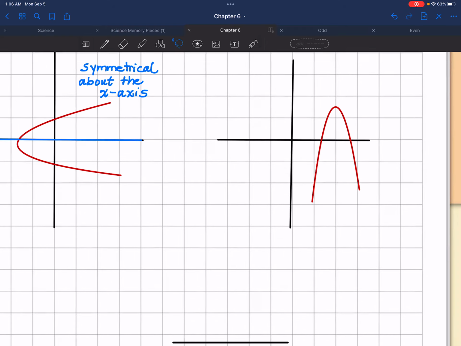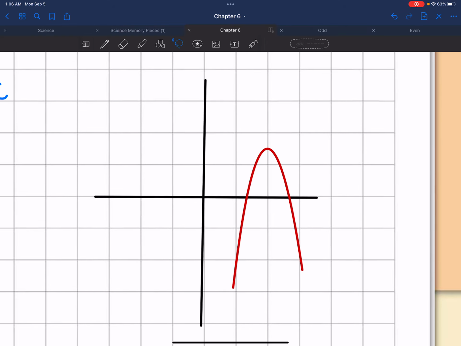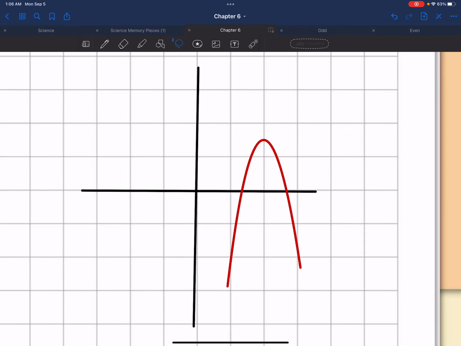Is it symmetrical about the y-axis? No, it's not even touching the y-axis. Is it symmetrical about the x-axis? No, it's touching the x-axis, but it's not a mirror image on top and bottom. So where is the line of symmetry? Where would the mirror be in this image? Well, it's going to be right here.